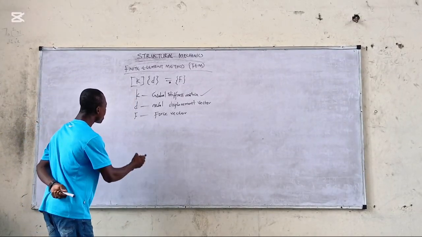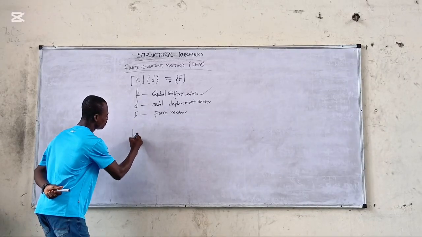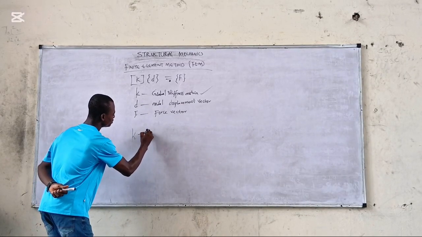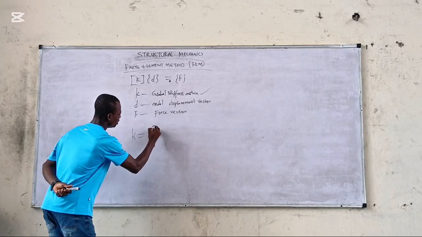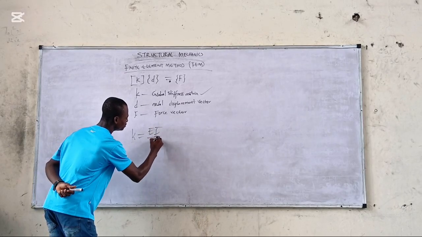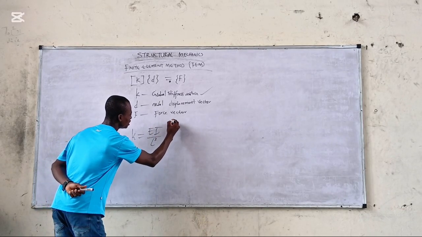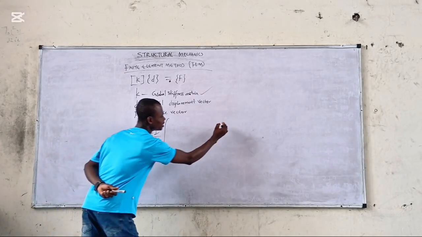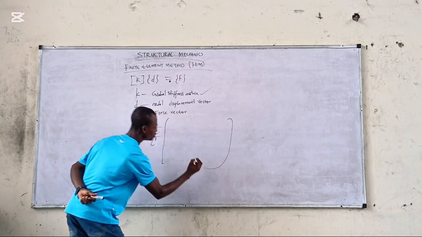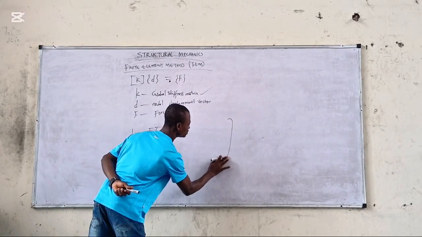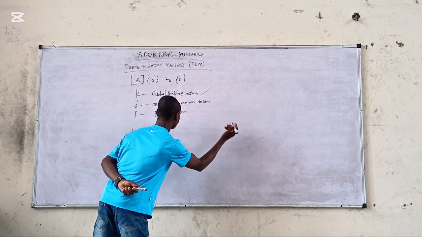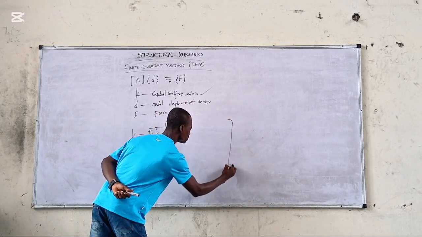So, our global stiffness matrix K has the formula EI over L cubed, multiplied by a matrix. It's a matrix.